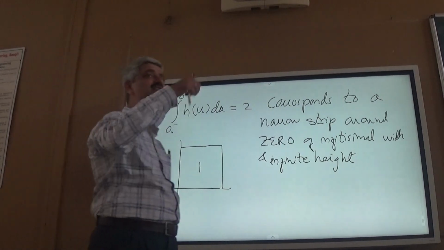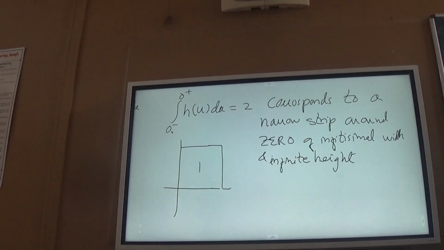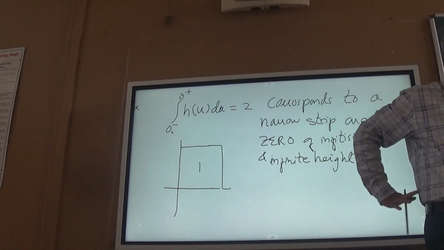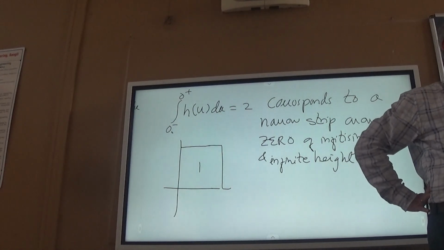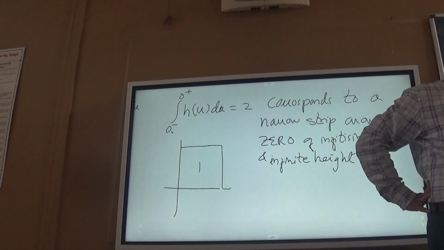I do this continuously. Each time I halve the width and double the length. So in the first case, width half, height 2. The next time, width 1/4, height 4.